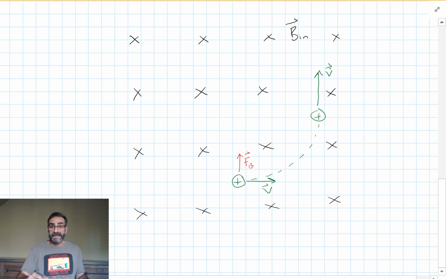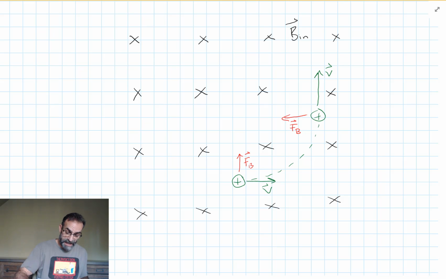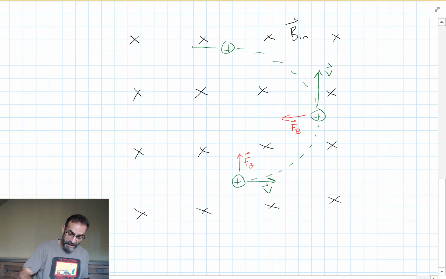What direction is the force on the particle at that instant? To the left. So the force causes the particle to change direction again, and eventually it ends up over here, moving to the left. And what direction is the force? Toward the bottom of the page.